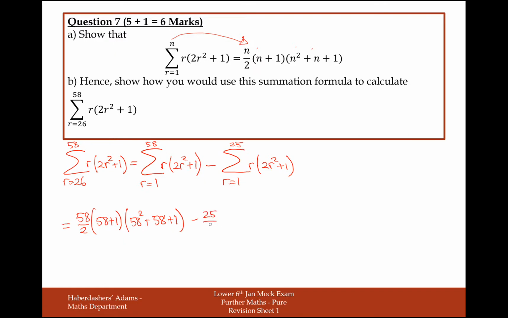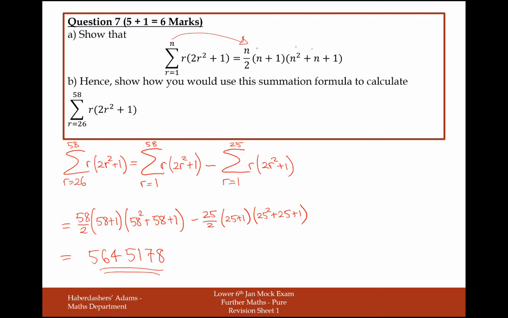So 25 over 2, bracket 25 plus 1, bracket 25 squared, add 25, add 1. Write that into your calculator and you should get your answer to part B.